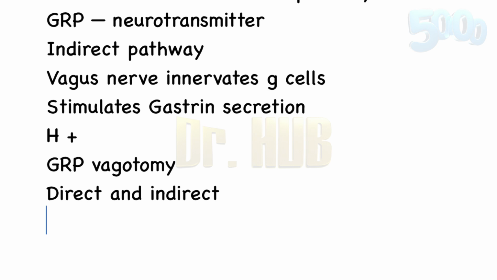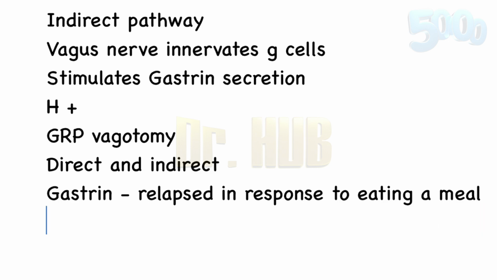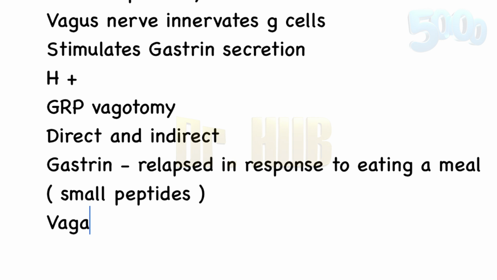Now we move on to gastrin. What is the mechanism of gastrin? Gastrin is released in response to eating a meal: the small peptides, the distension of the stomach, as well as the vagal stimulation.